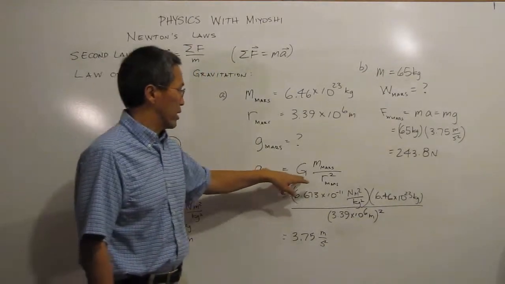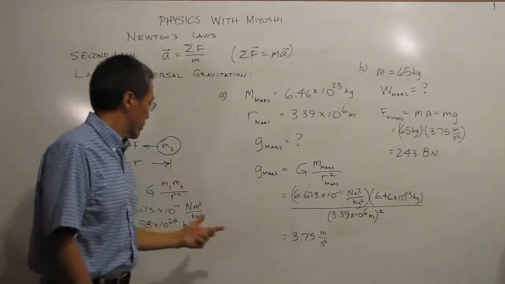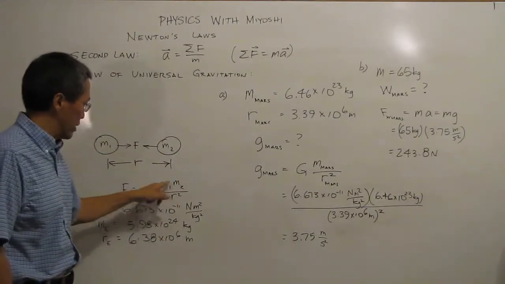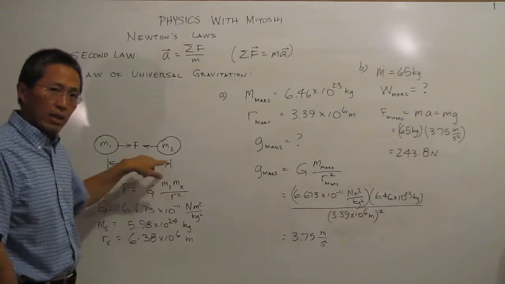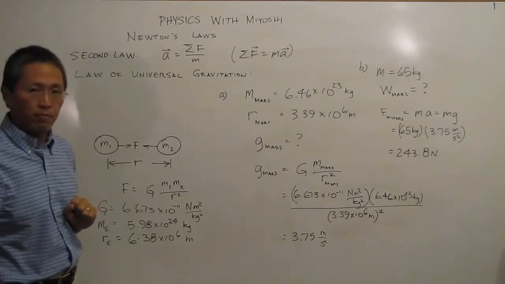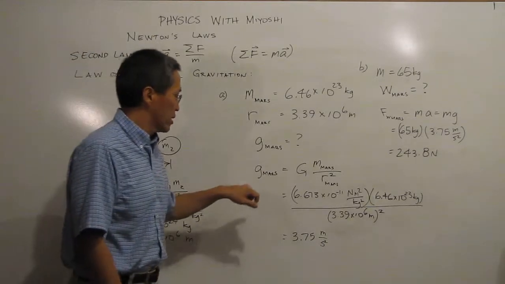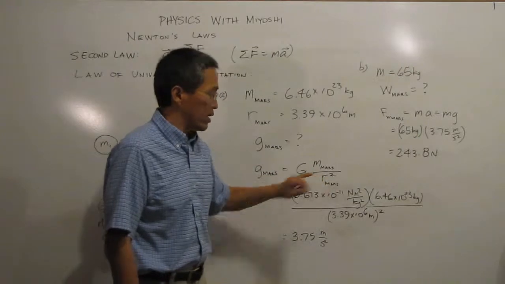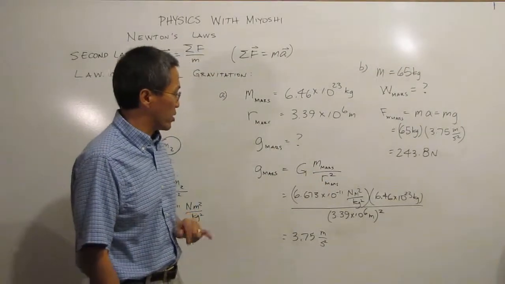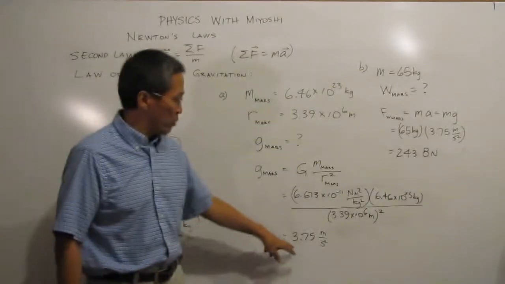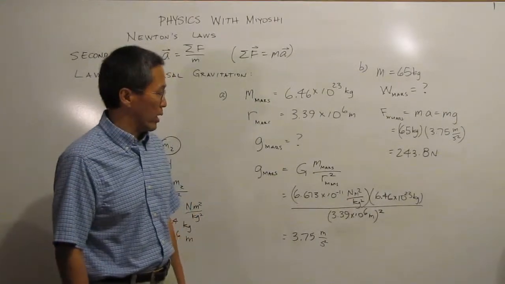Plug that in over here to our equation, remembering again, F equals ma, so we can consider this part here, G times m over r squared, to be our gravitational constant on Mars. So then we just plug those in, G, the mass of Mars, divided by the radius of Mars squared, and we put these numbers in, and we get 3.75 meters per second squared.